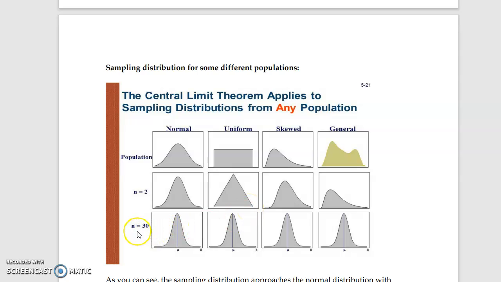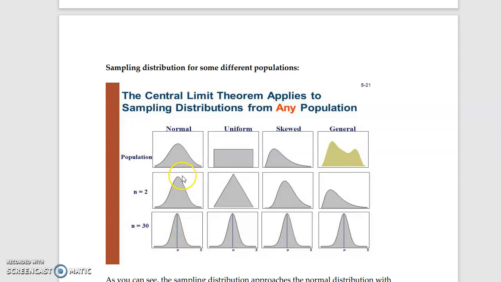When we increase the sample size to 30, our sampling distribution should become bell-shaped. When the population distribution is skewed, like the third one, then with a small sample size our sampling distribution should be more bell-shaped than the population, but somewhat skewed to the right, as we have here in the middle. But once we get to a sample size of 30, the sampling distribution of the sample means should become normal again.